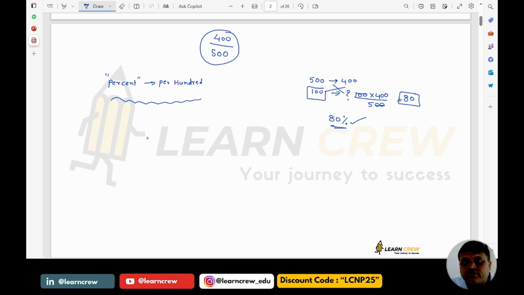two most important conversions. One is conversion of percentage into fraction. For example, 80%. What does it mean? 80 per 100. So 80 out of 100.